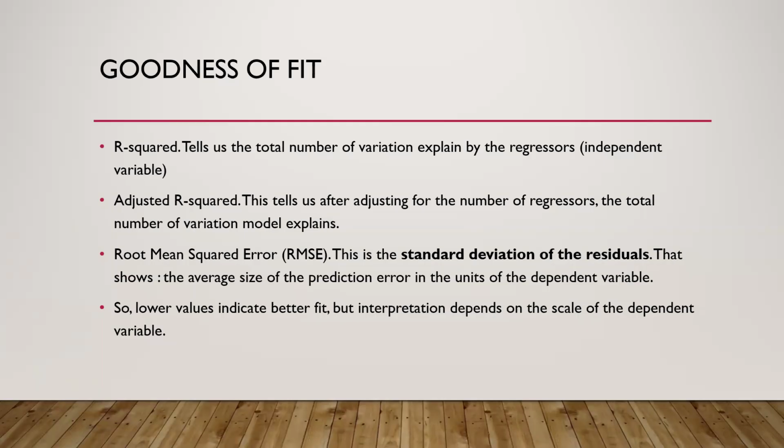Now, when you run the result and then you realize that your root MSE is low, or let's say it's small, less than 10%, less than 5%, let's say it's less than 0.500, the lower value indicates a better fit.